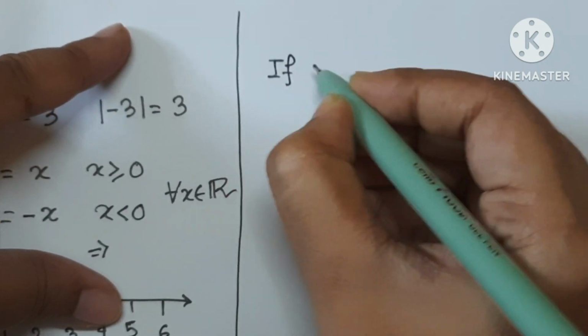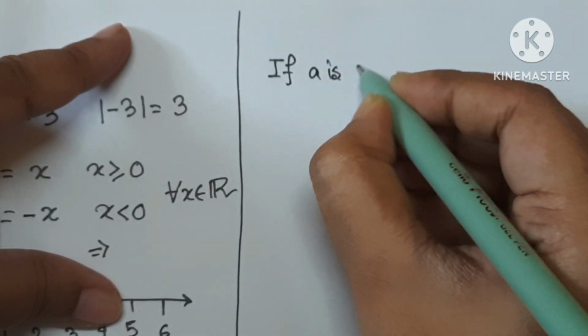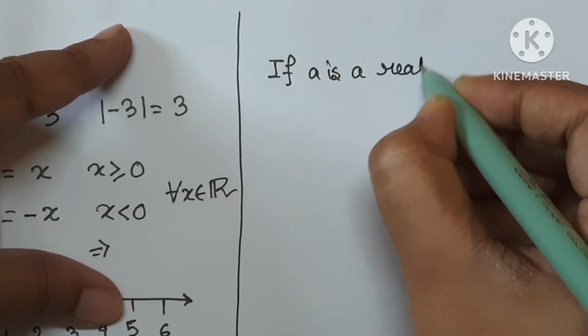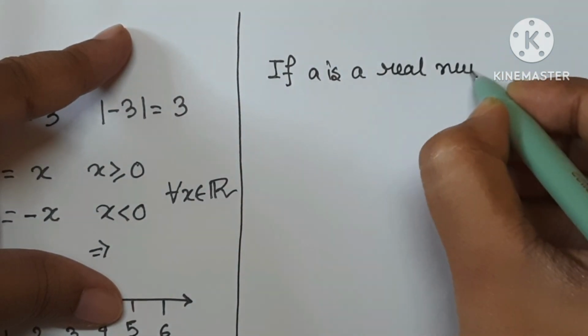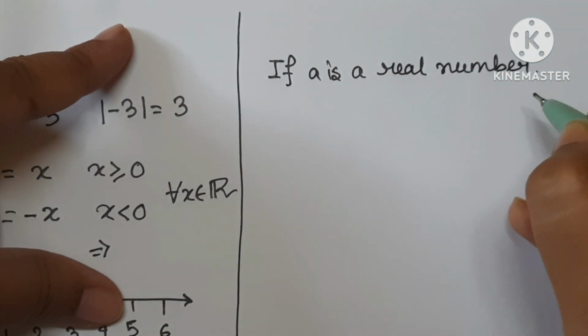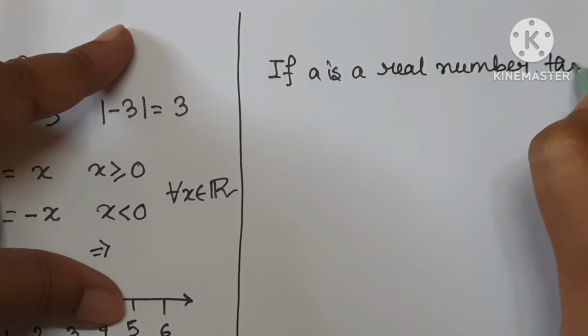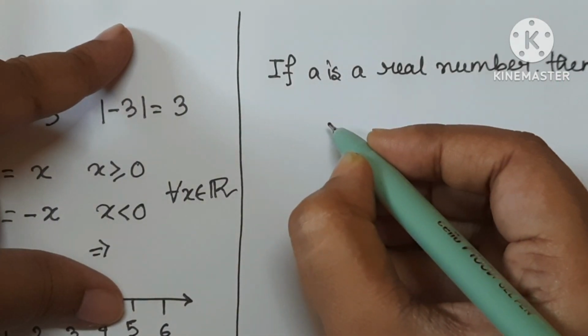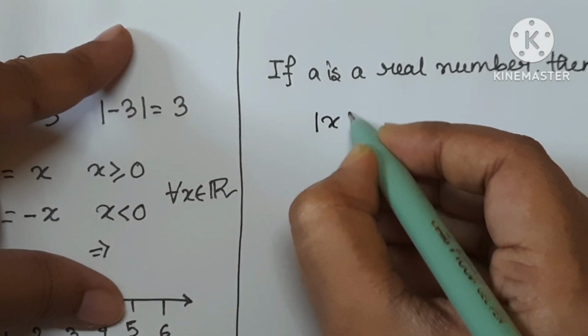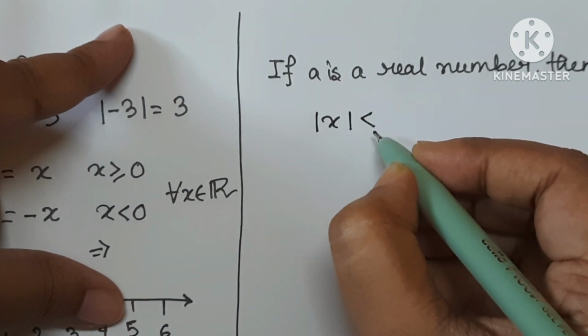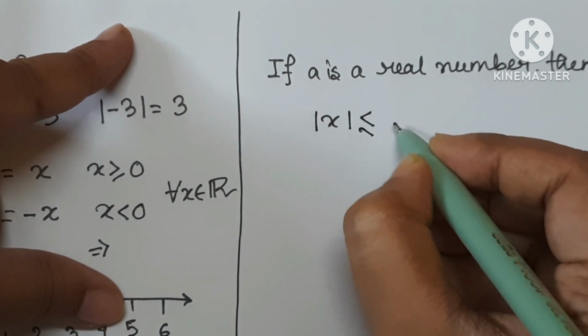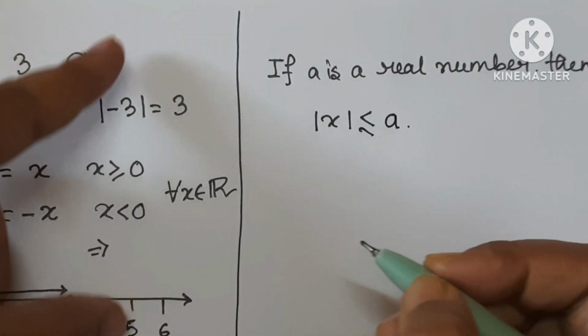If a is a real number, then what do you mean by mod x less than or equal to a? What does it mean? I have already discussed what mod of x means.